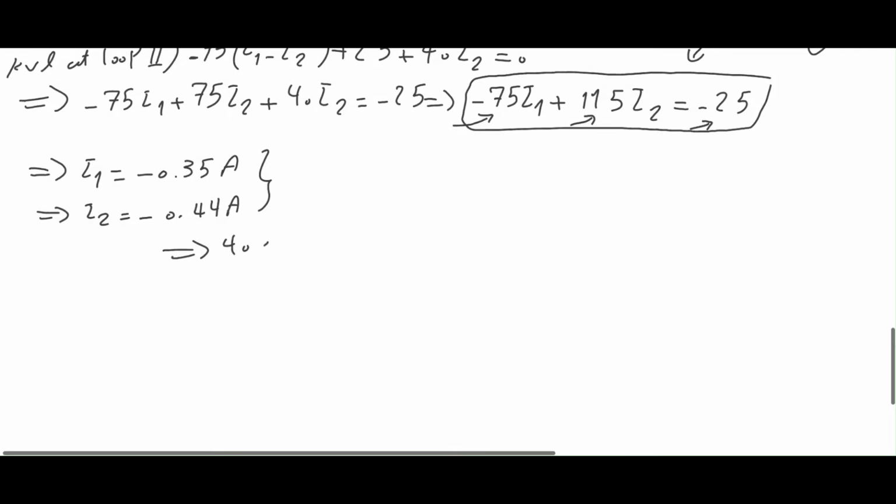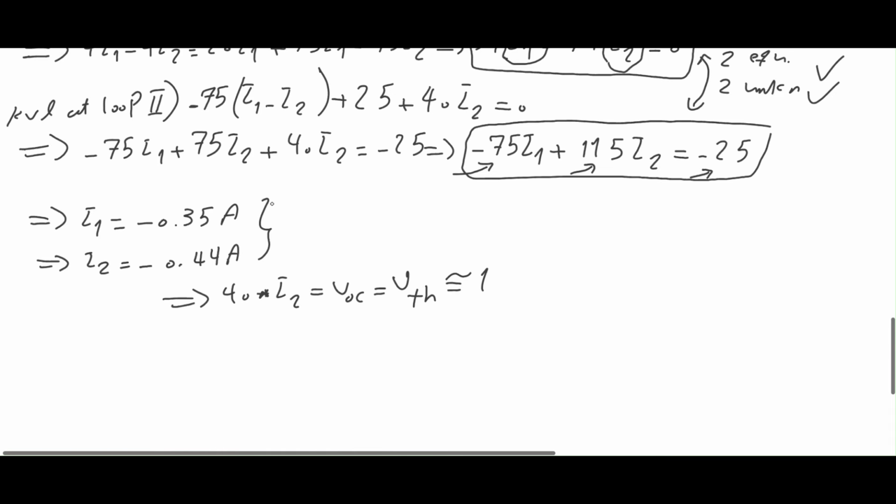So 40 times I2, which is my VOC, which is my Thevenin voltage, that becomes almost 17.6 volts, but with a negative sign, because the current is negative 0.44, so it will become negative 17.6 volts.